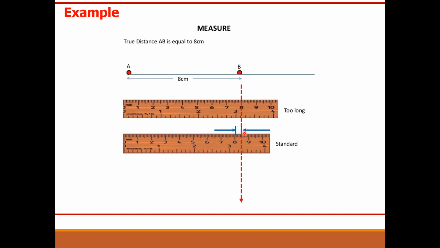It is too long by a factor which is shown by the blue arrows. The factor CL is the correction required in the length. So here you can see that we have to add the value of CL to 8 centimeters to get the required corrected value, which was 8.5 centimeters. So we can say that CL is equal to 0.5 centimeters.